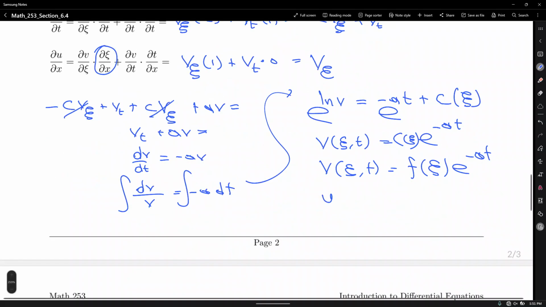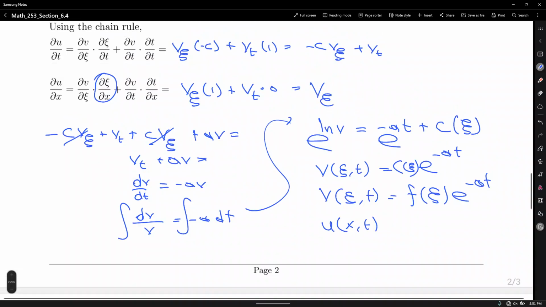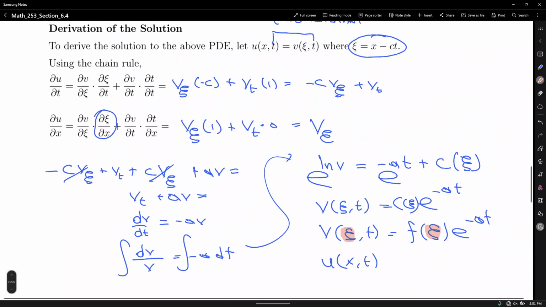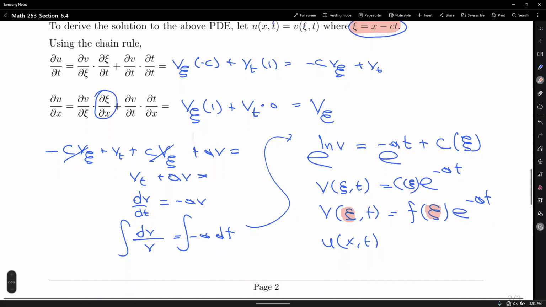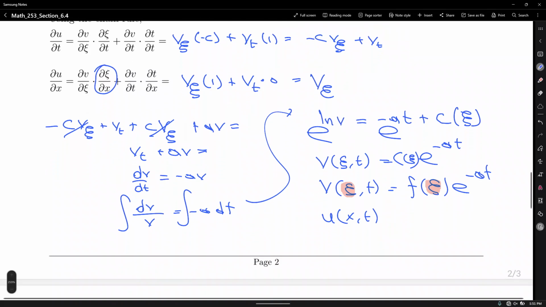That is back to the world of u of x and t. But guys, what is this z right here? Isn't that x minus ct? All right. That is equal to f of x minus ct times e to the negative at, right? And that is the general solution.